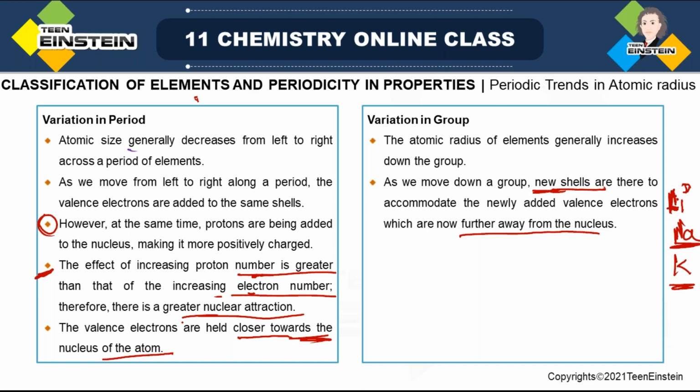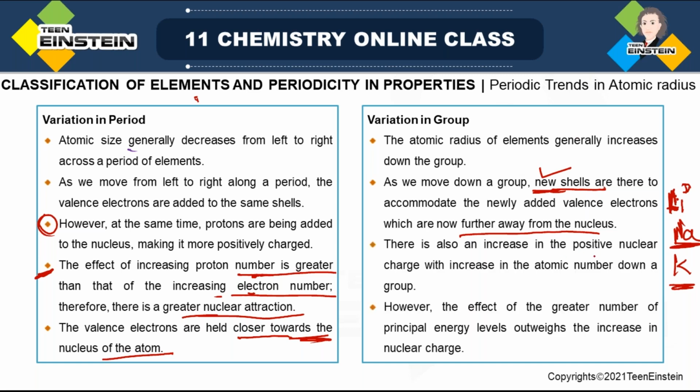Then what should we consider here? It is true that down the group new shells are added, but down the group nuclear attraction is also increasing. If you consider nuclear attraction, down the group size should decrease. And if you consider new shells are added, then down the group size should increase. So opposite consequences. But which factor predominates? This factor predominates.